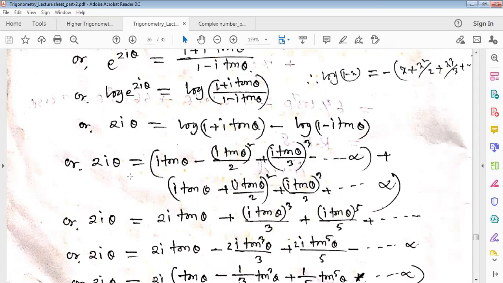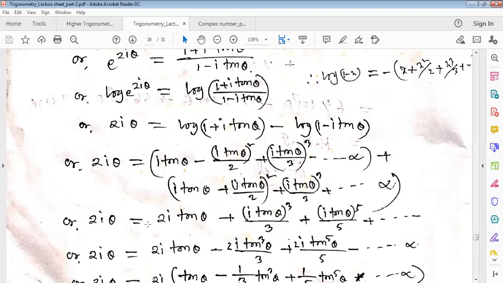So twice i theta equals, now observe that this is positive and this is positive, but the square term is negative and positive, so it cancels. The even terms, the even powers, will be cancelled, and the fourth term also will be cancelled. That means all terms with even power will be cancelled.